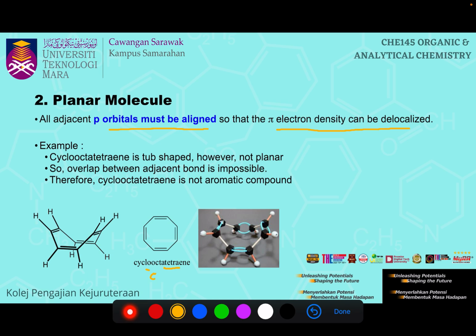Although this is cyclic, it is not a planar molecule. This is the 3D drawing of cyclooctatetraene. Because it is not planar in shape, it is not an aromatic compound.